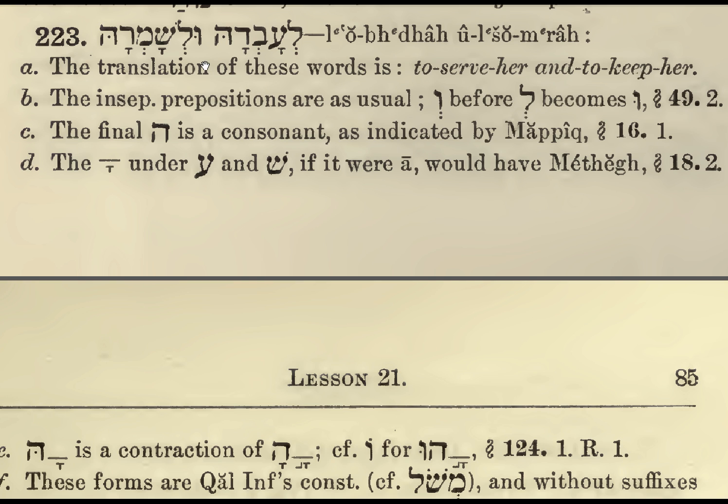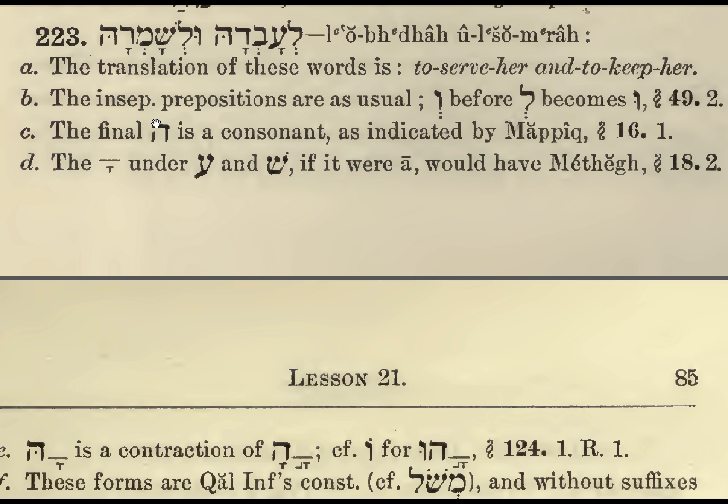Lengobda u leshomra. Notice here, closed syllable, unaccented, so it's o. So lengobda u leshomra. The translation is to serve her and to keep her. Serve, keep.